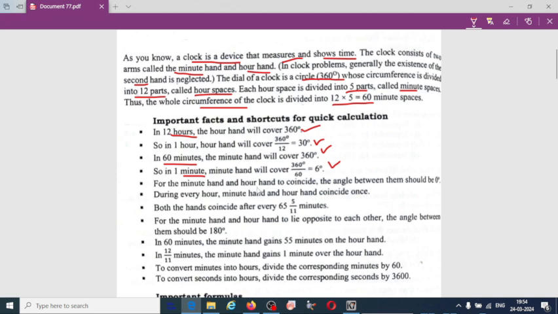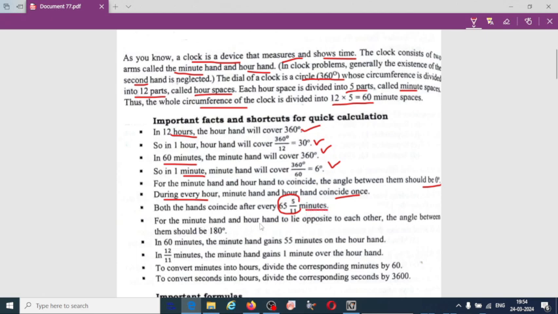For the minute hand and hour hand to coincide, the angle between them must be 0 degree. During every hour, minute and hour hand coincide once. Both the hands coincide after 65 into 5 divided by 11 minutes.